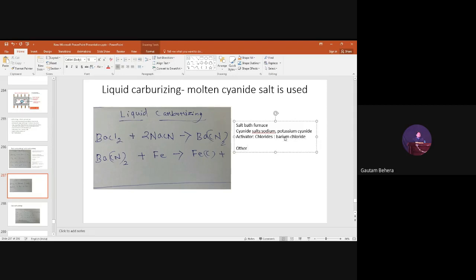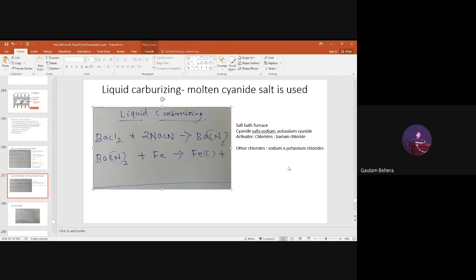Other chlorides are sodium and potassium. So here the main important part is the salt, that is cyanide and barium chloride.